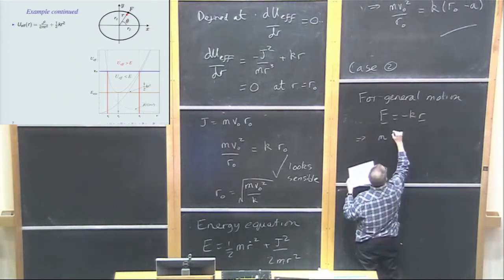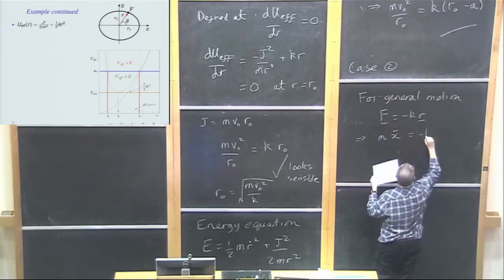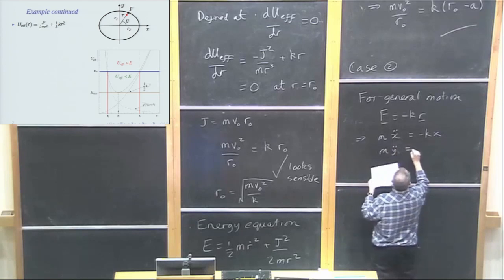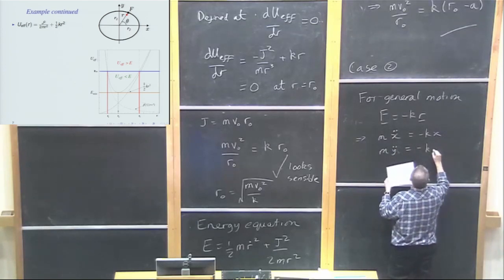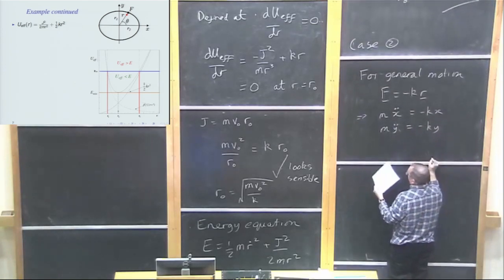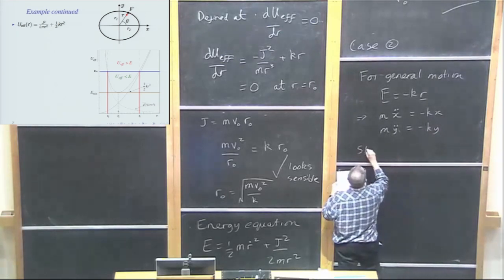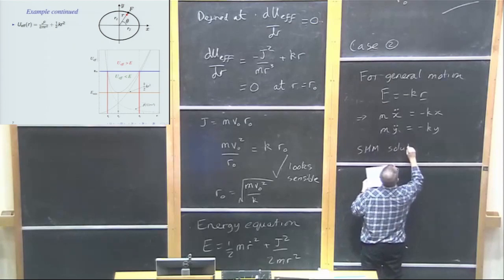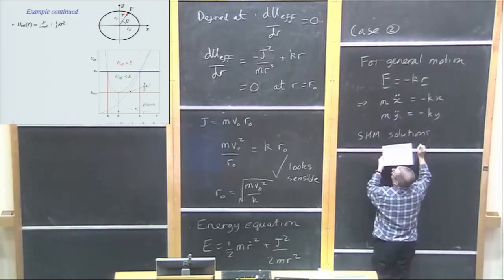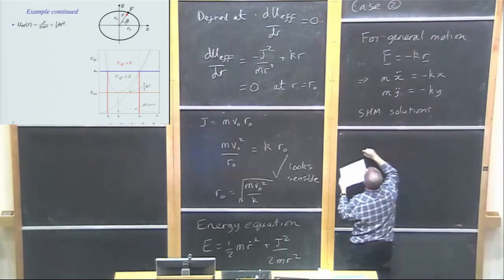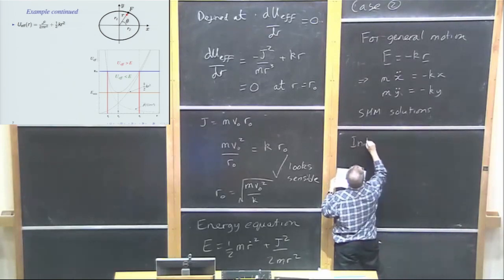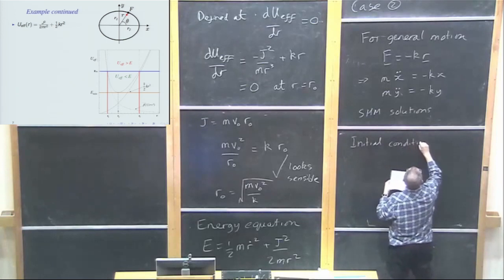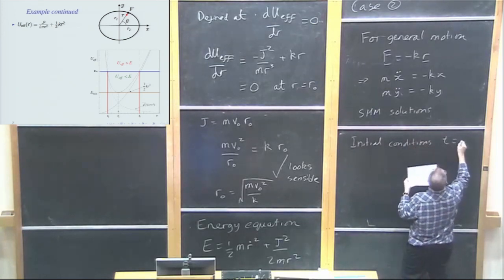So m x double dot equals minus k x, m y double dot equals minus k y. So this is clearly simple harmonic motion. Let's put in some initial conditions at t equals 0.